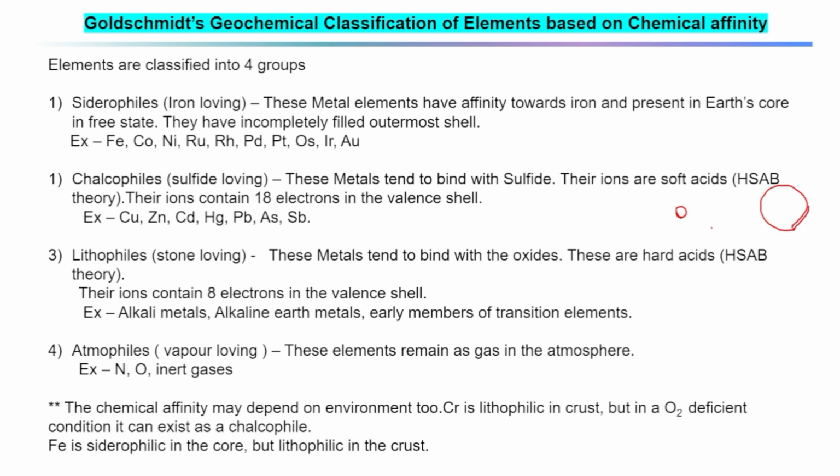So if you have two atoms, in this atom the electrons are very tightly bound. This atom size is very small and the electrons have stronger affinity towards the nucleus. Whereas in this atom, if this is your nucleus, the electrons are far from the nucleus. So what can happen if you bring another atom?